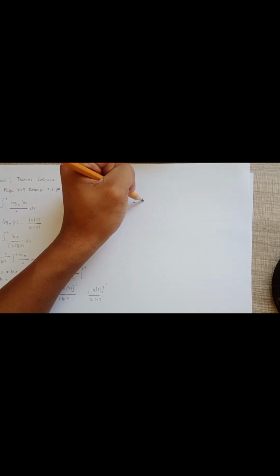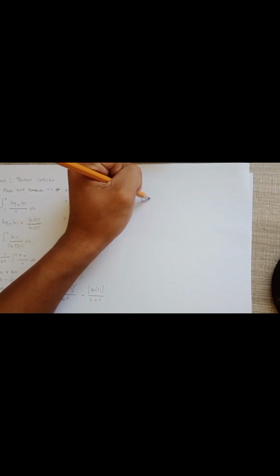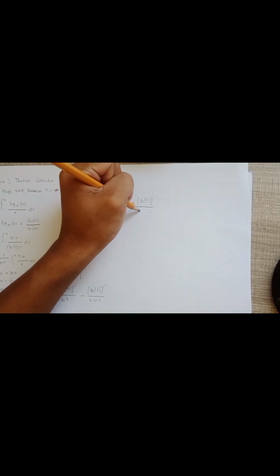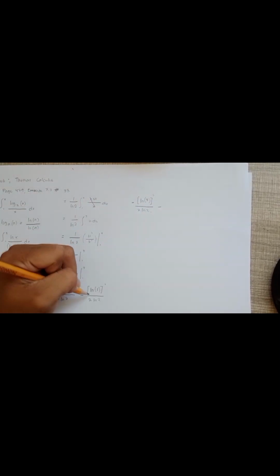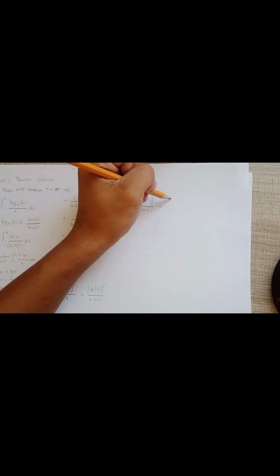Now, combining, we get ln 4 raised to 2 over 2 ln 2 minus, since we know that ln 1 is equal to 0, we can cancel that out.